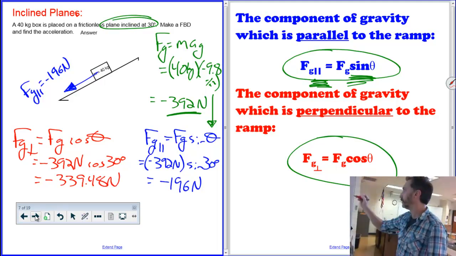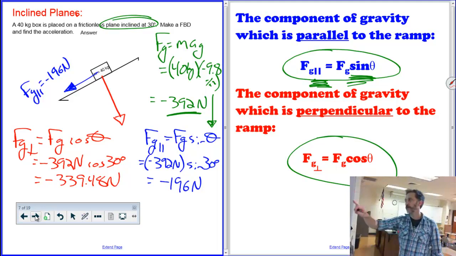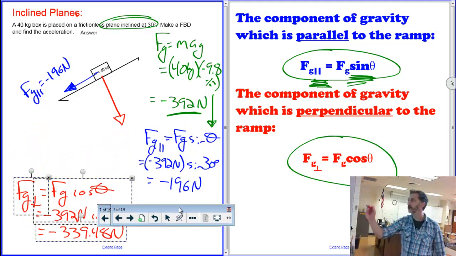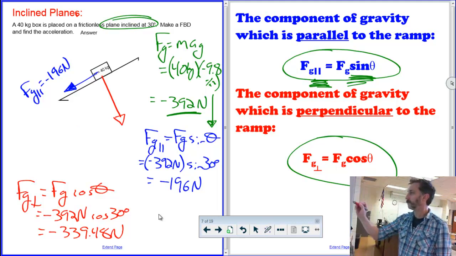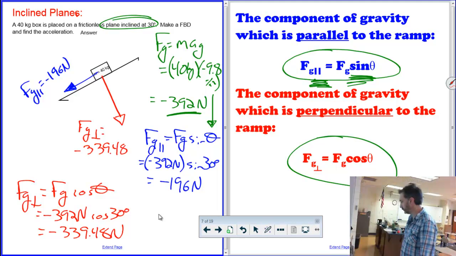All right, that's the component that pulls down into the ramp. Okay, so that's that.